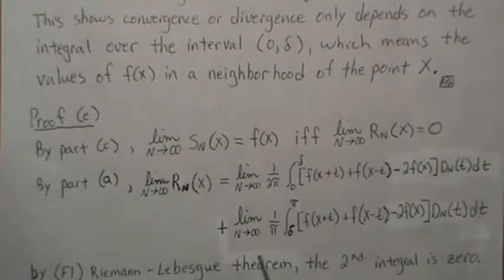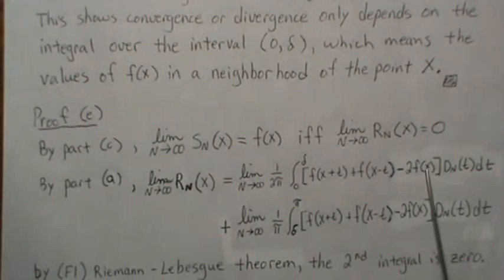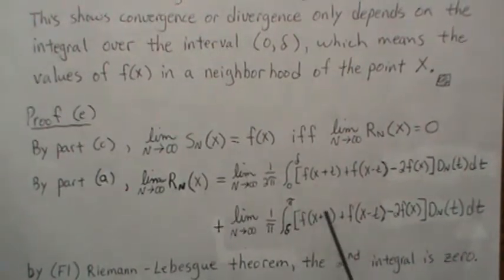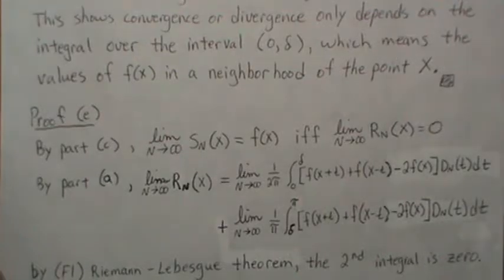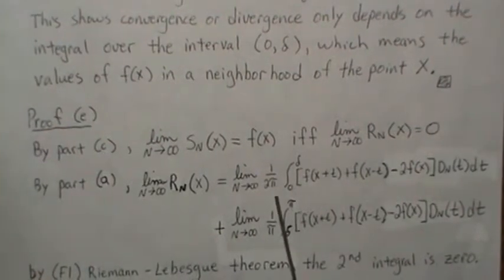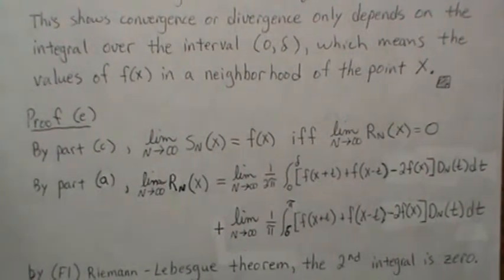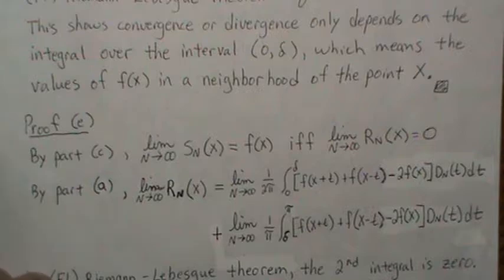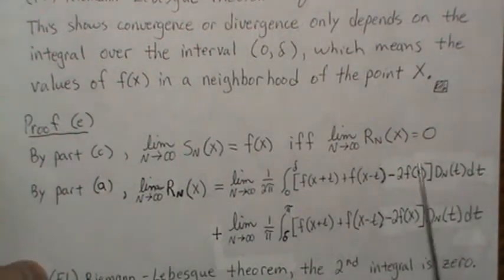And if this piece goes to 0, it means the remainder goes to 0, which says the series converges, and we're done. Now in part F, there's another condition that says if it's met, then the Fourier series converges to f of x. And it's going to be the same way.